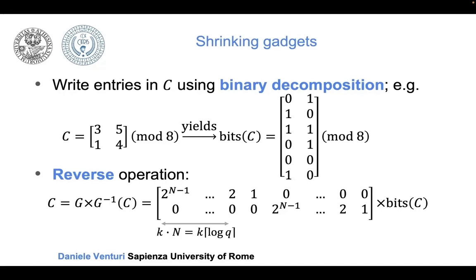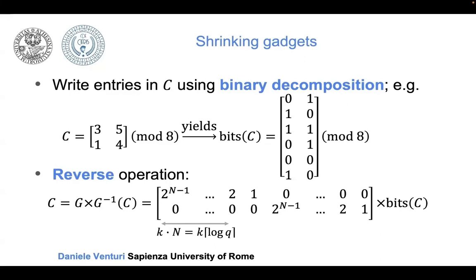You just multiply with the successive powers of 2 so that you can reconstruct the actual value mod Q. You can do this by publishing a public matrix which contains all these powers of 2 in the right positions, and then if you do the multiplication, you get C back.